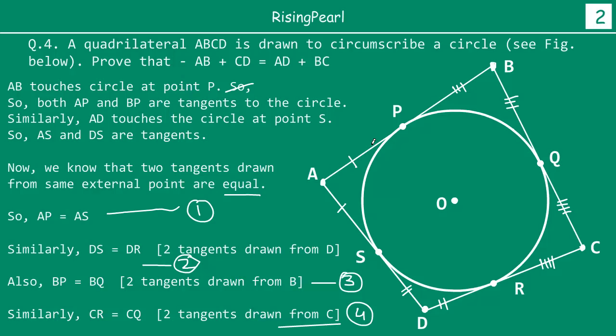We know that AP and AS are both starting from the same point and are tangent to the same circle, so they are equal in length. But there is no information given between AP and BP. Similarly, for BQ and CQ, or CR and DR. It's very important to keep that in mind.